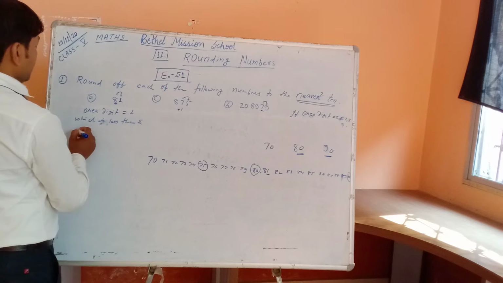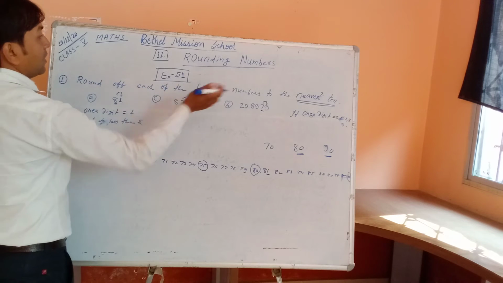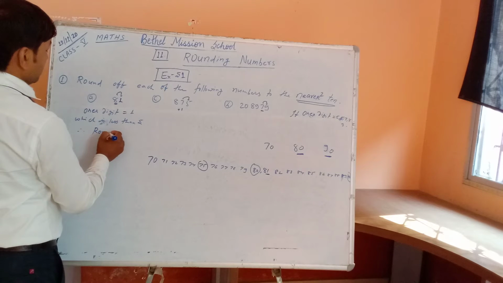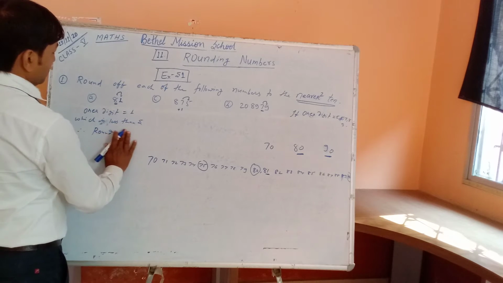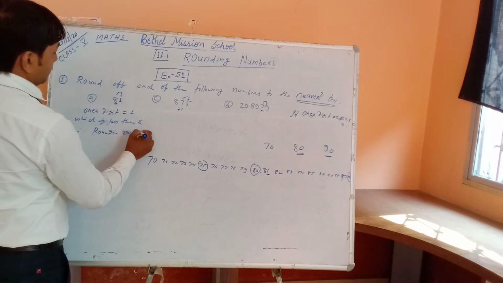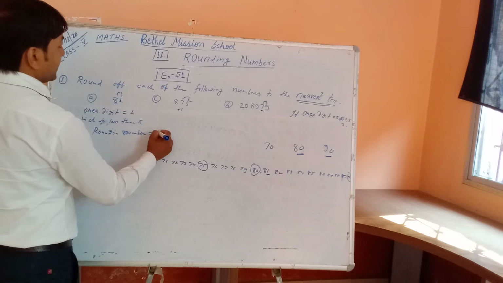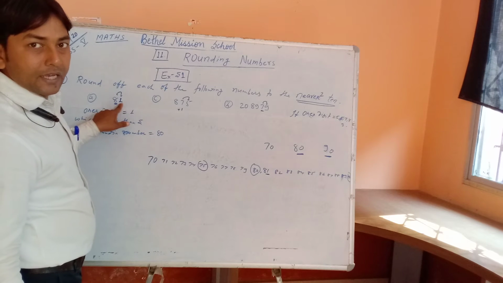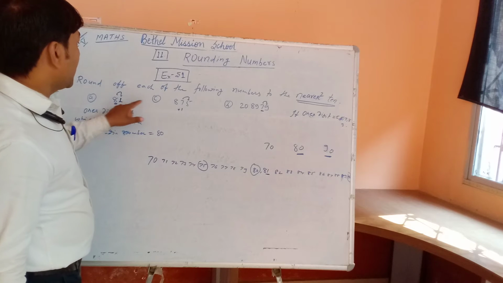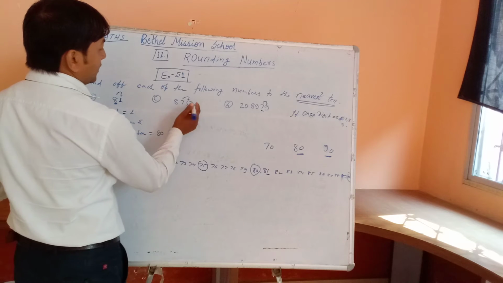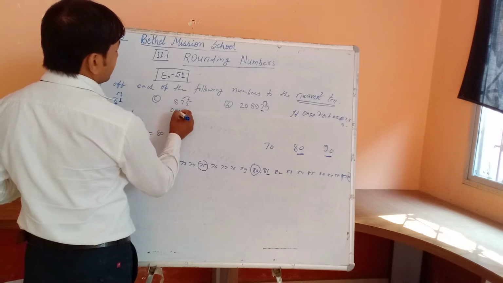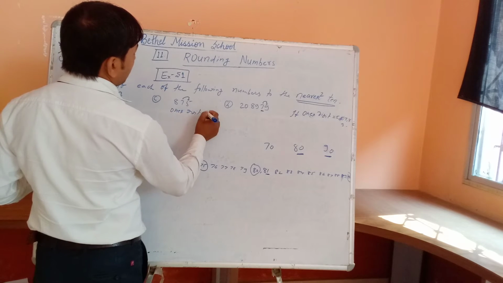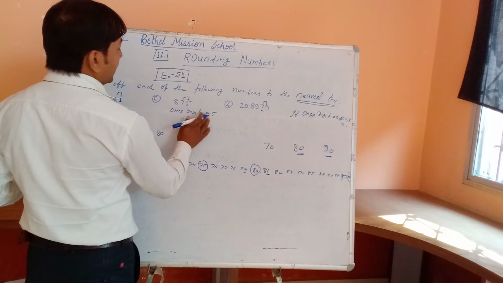That's why the nearest 10 or rounding number is equal to 80. You have to make the rest 0. Okay? And here the ones digit is equal to 5. Okay?